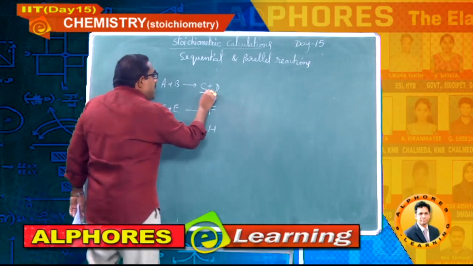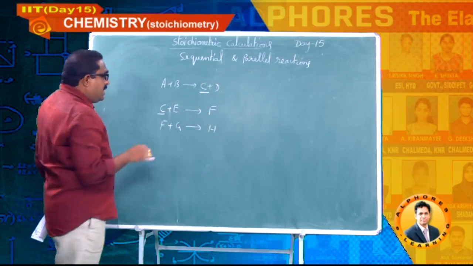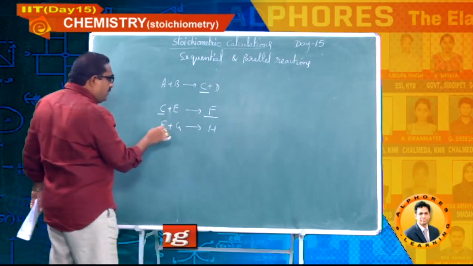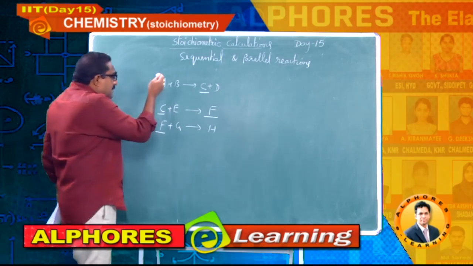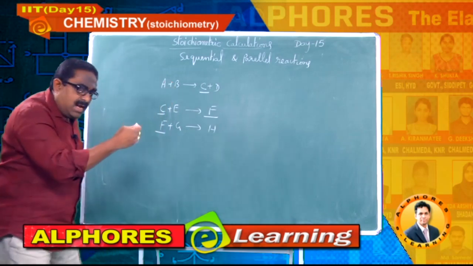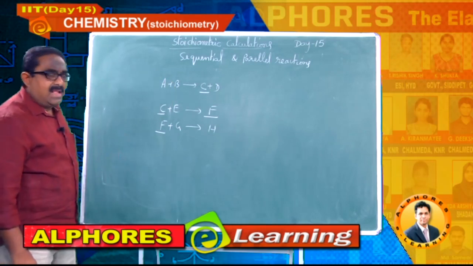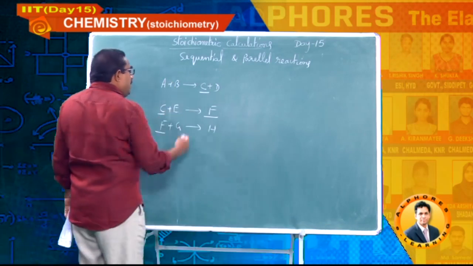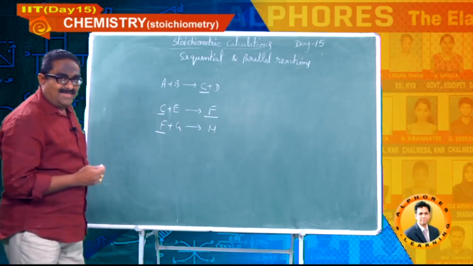The product obtained in the first reaction will be the reactant in the second reaction, and the product obtained in the second reaction will be the reactant in the third reaction. So, these reactions will go sequentially one after another. That is why these types of chemical reactions are called sequential reactions.